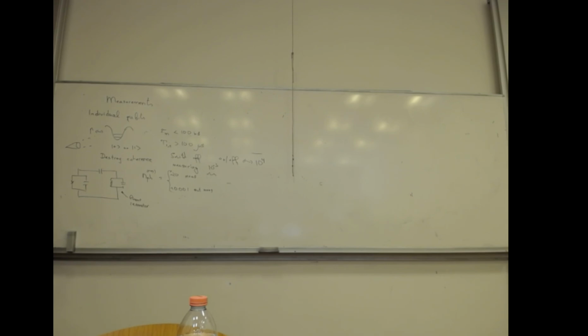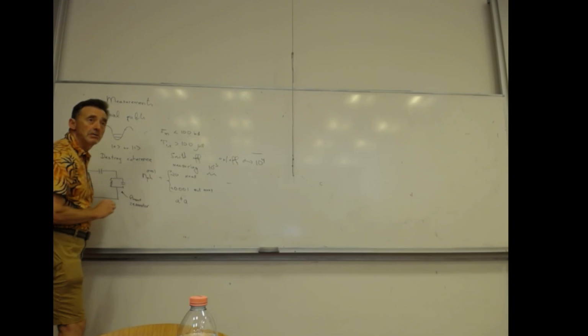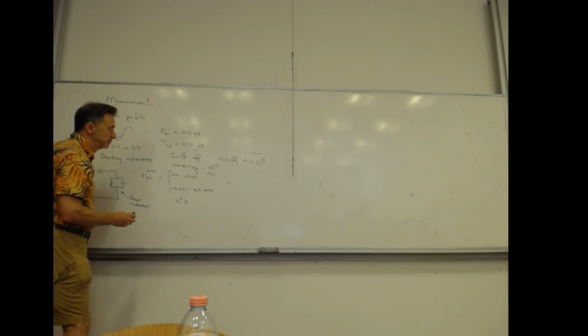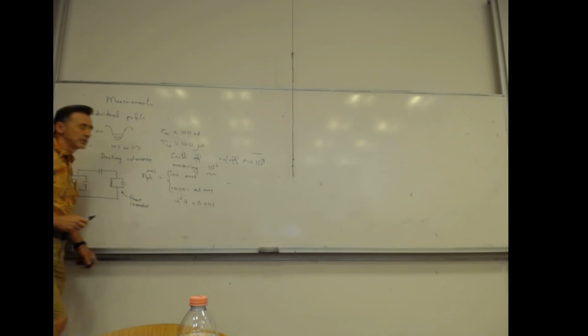It is the probability to find a single photon, just A dagger A. That's what you will call the average number of photons.